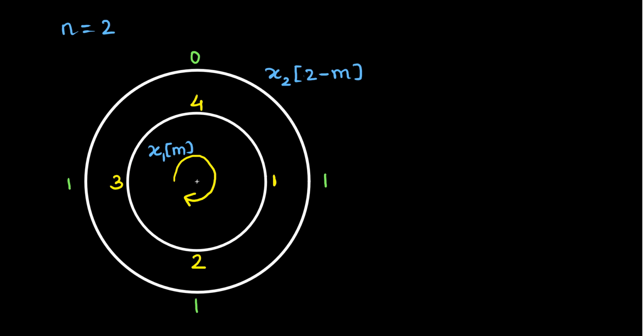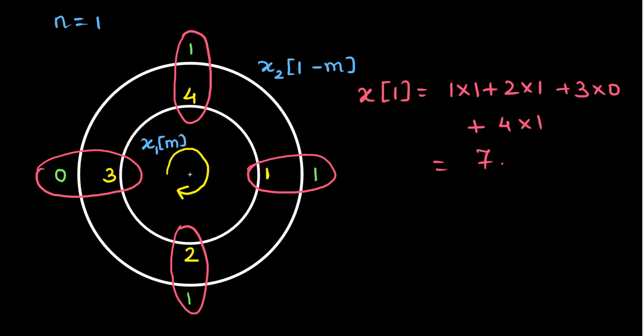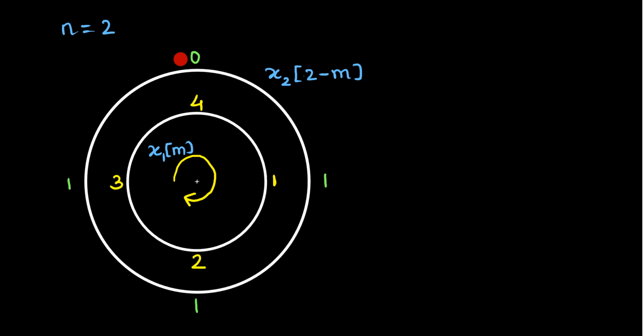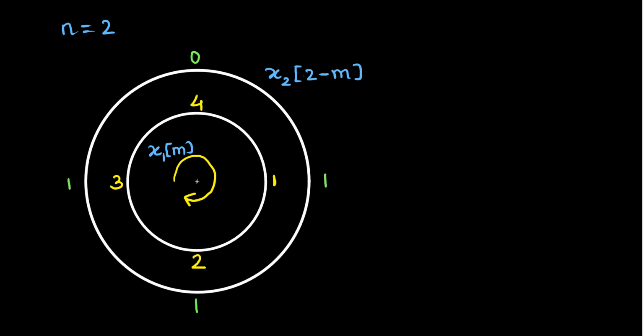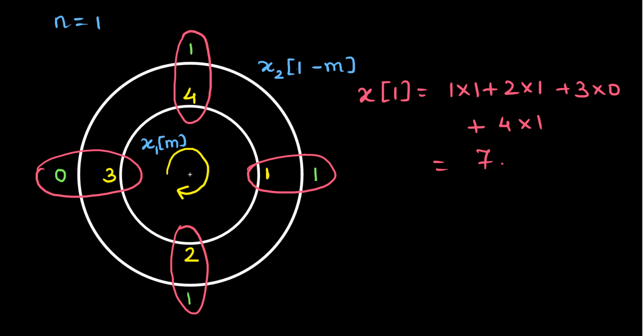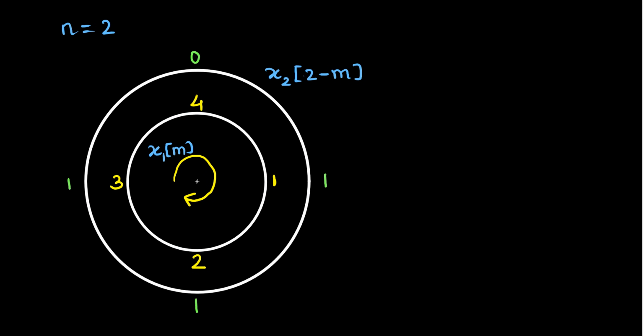So if we observe it in this diagram, the 0 which was located here would now be available at this location. Similarly, the 1 which was initially here when we had a shift of 1 would now be available here. The one which was here at this location would now be available here, and so on.